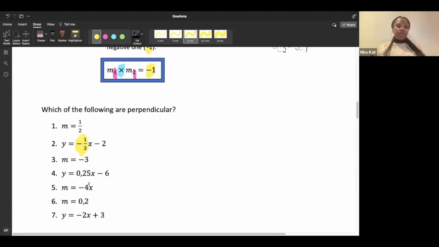What's the gradient for number 4? Anyone? Thank you, Tammy. 0.25. Okay, I see hands going up.